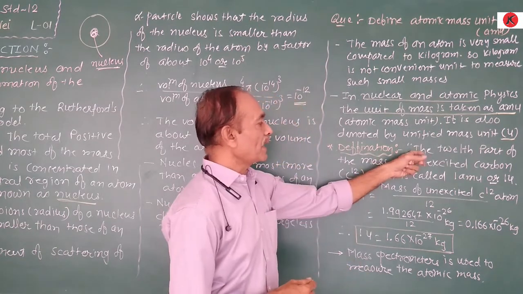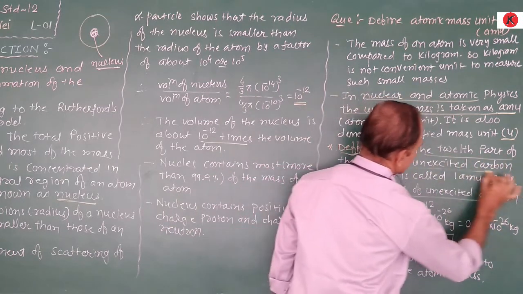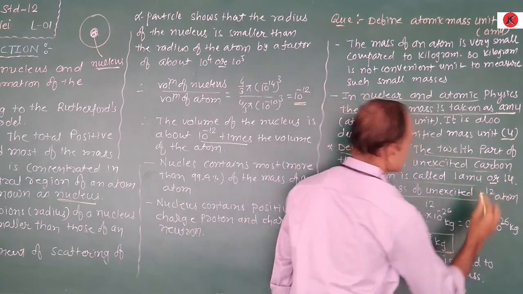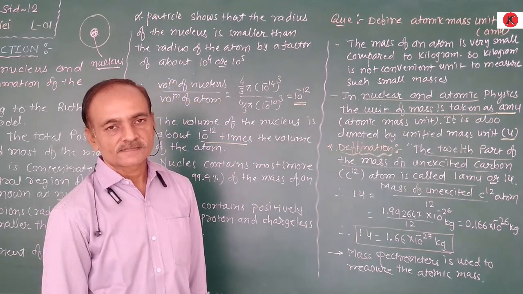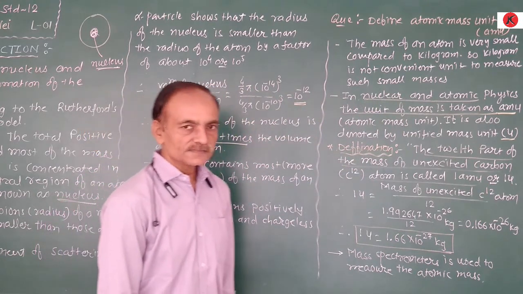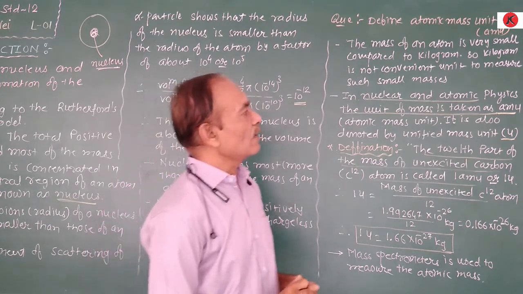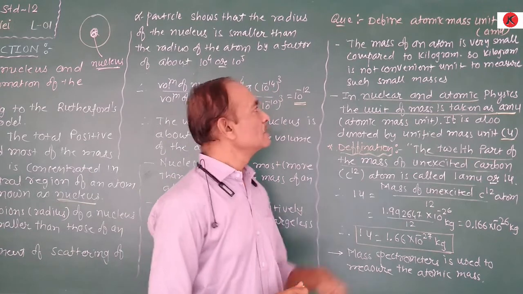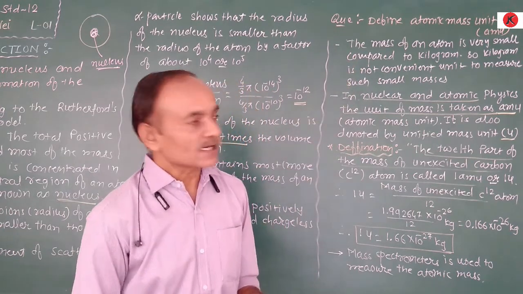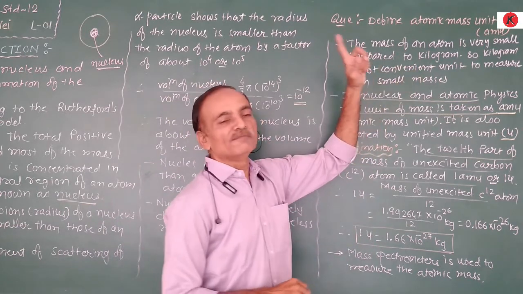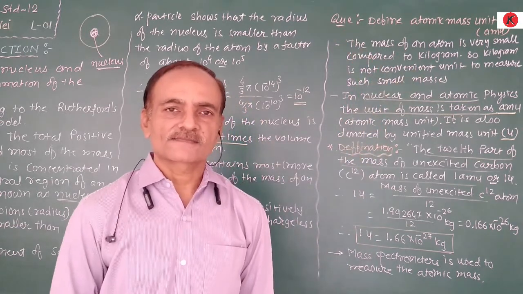Again, the 12th part of the mass of an unexcited carbon atom is called one atomic mass unit. The mass of an atom is very small compared to the kilogram, so the kilogram is not a convenient unit to measure such small masses.